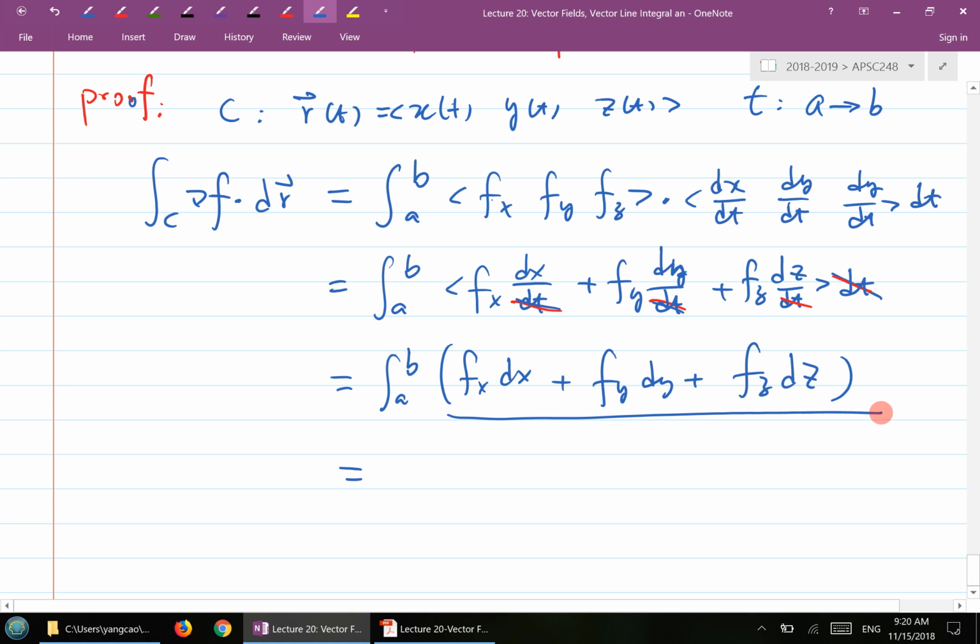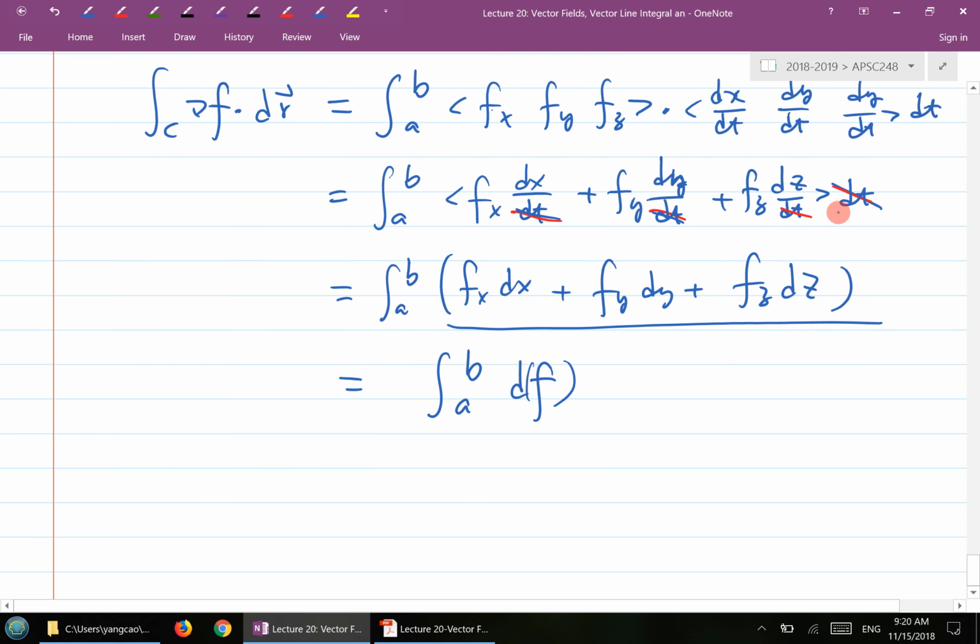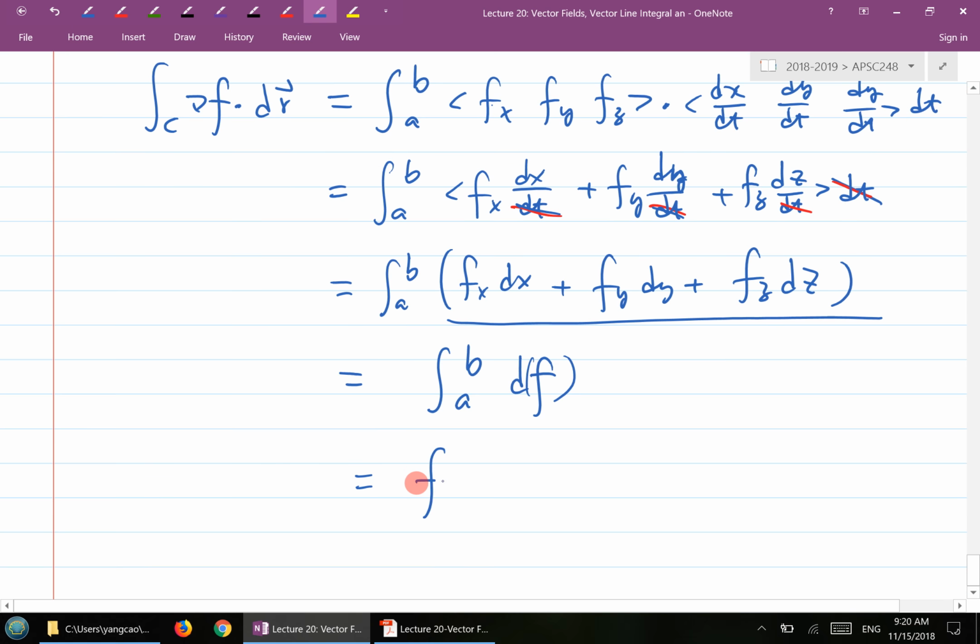So what does this remind you of? When you have fx dx, fy dy, fz dz, this is a total differential, from a to b. When you're integrating d of anything, remember you get back this f here.